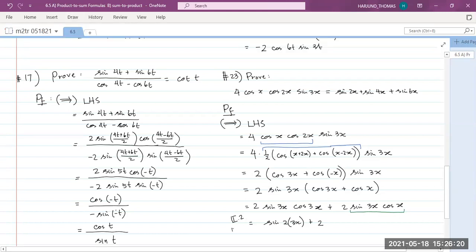That's formula 4.3. Okay, that will be 2 times 1/2 times sine sum plus sine difference.